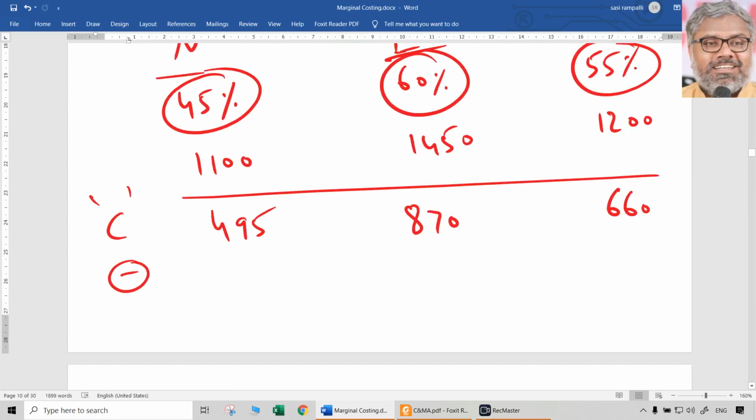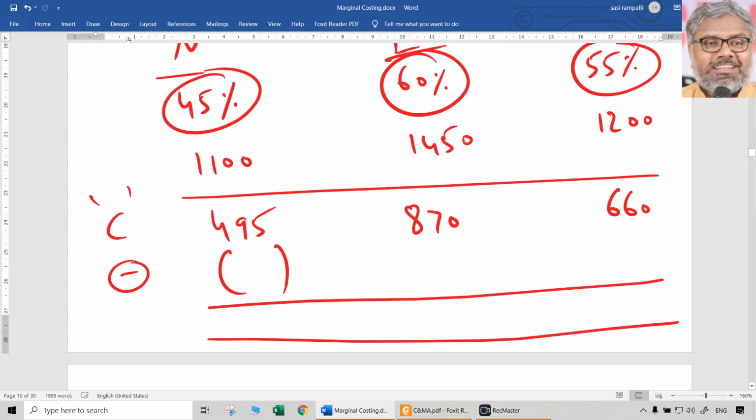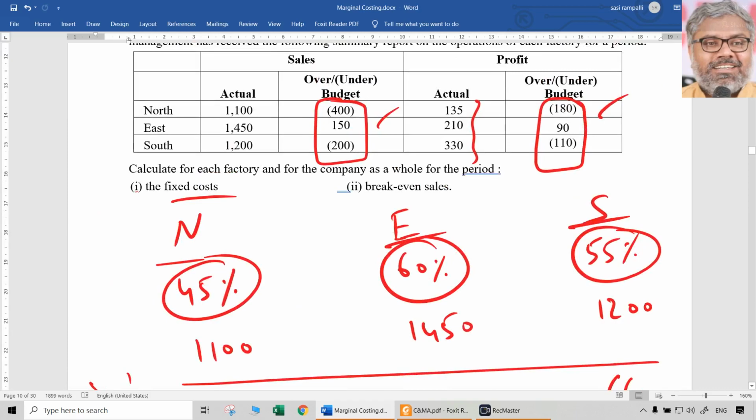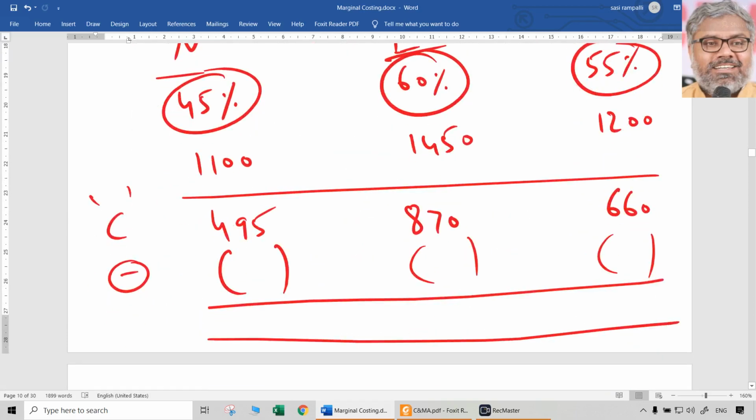So if you deduct profit, you get fixed cost. Both are same. If you deduct fixed cost from contribution, you get profit. If you deduct profit from contribution, you get fixed cost. So deduct the profits that are given in the question for each of these regions: 135, 210, 330.